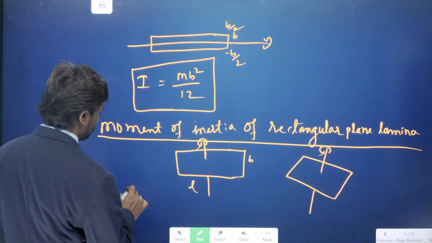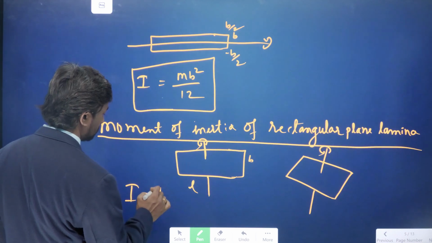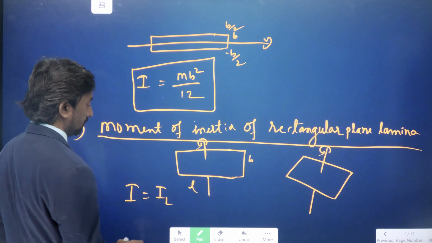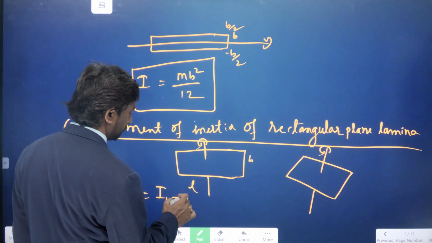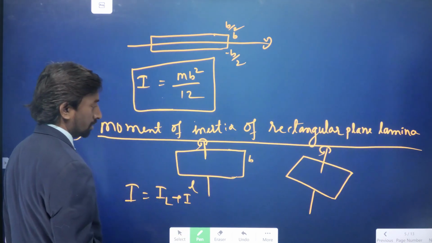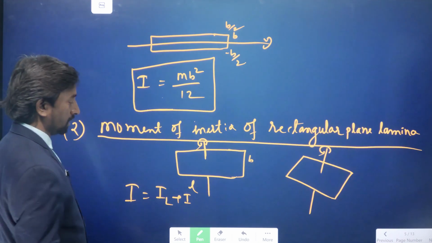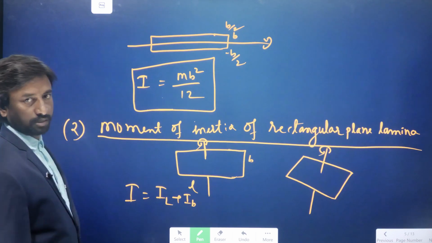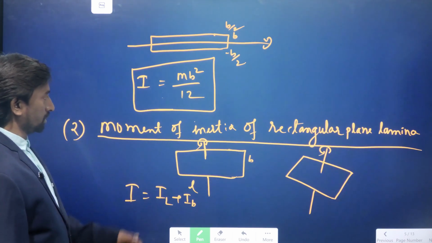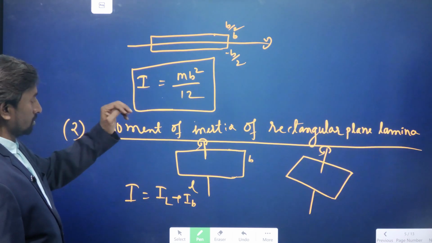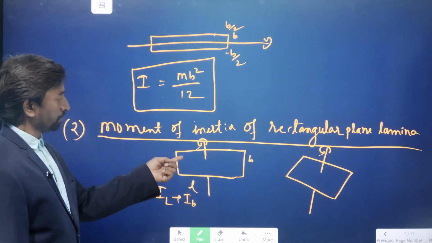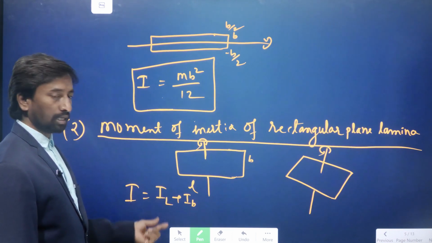The total moment of inertia can be written as the moment of inertia about the perpendicular to the length plus the moment of inertia about the axis of the rectangular plate. These two we should write here. From the earlier result, about the length we got ml square by 12.